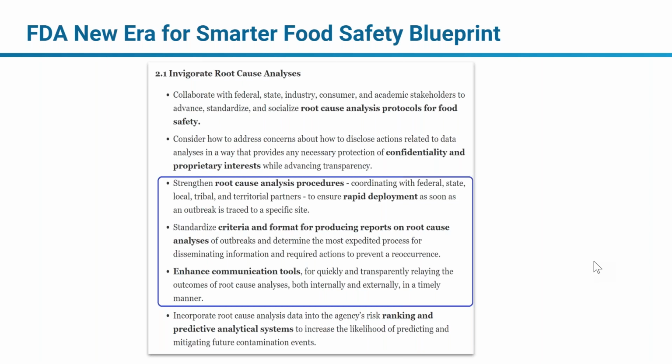All of your RCAs are going to have that standardized formatting for your reporting, which is going to be helpful when it comes to trending and actually making use of the data that you're collecting in all of these root cause analyses. And then, like I said, enhanced communication tools. This information can be disseminated quickly, both internally and externally, which I think is usually a missing link for a lot of people.